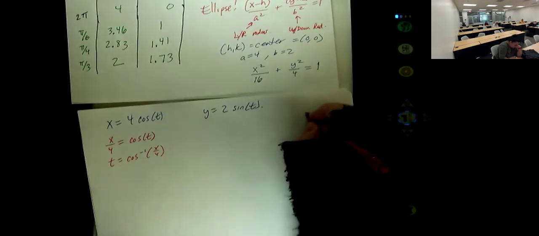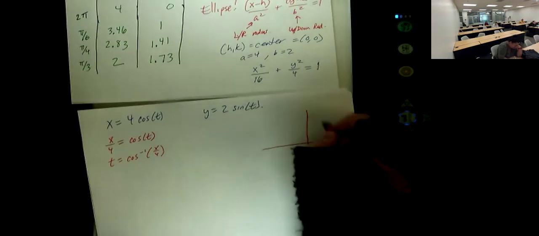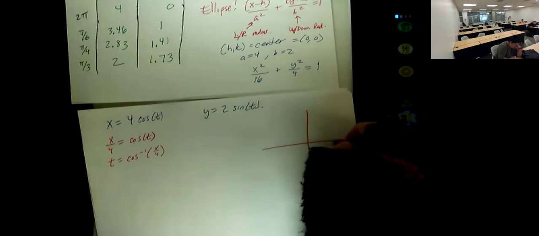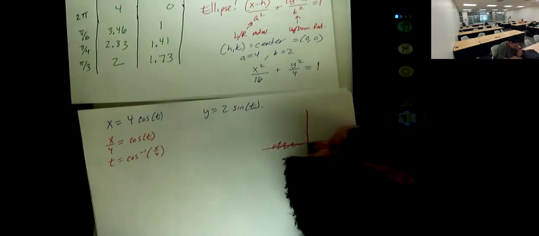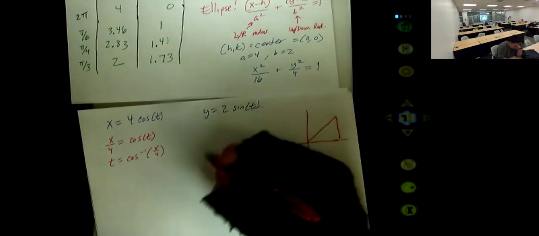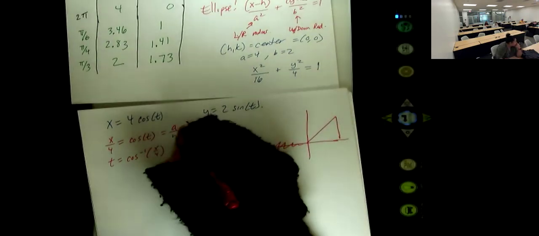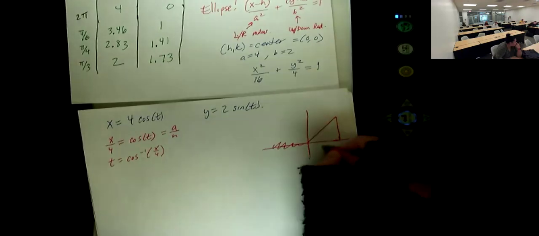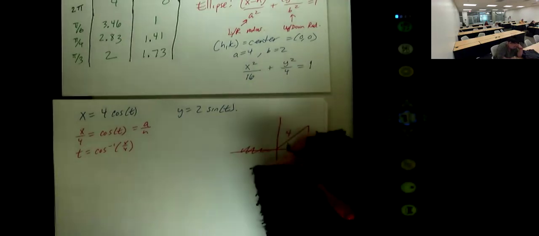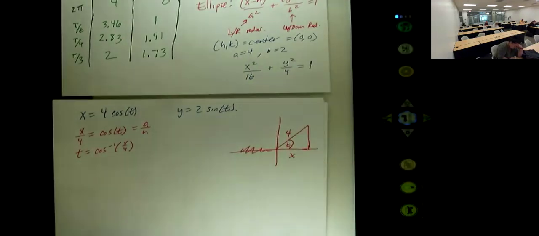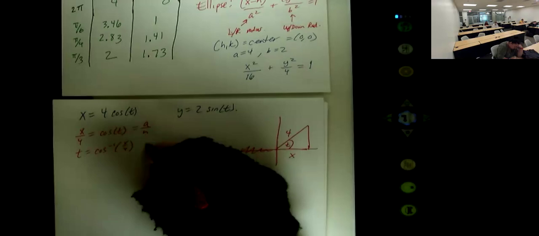If I make a triangle, cosine. I don't know why I did the left side so much. Cosine is adjacent over hypotenuse. So x over 4, with my angle being t right here.